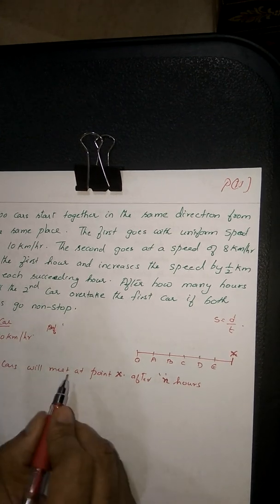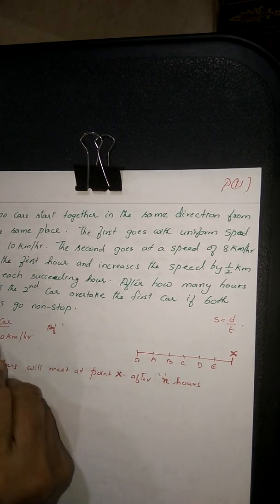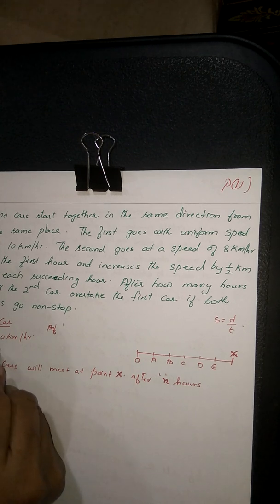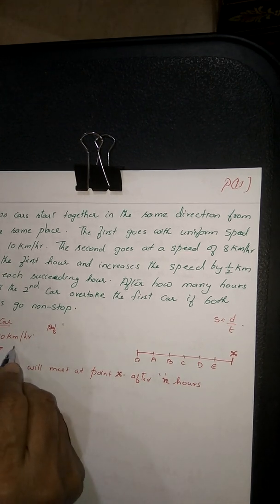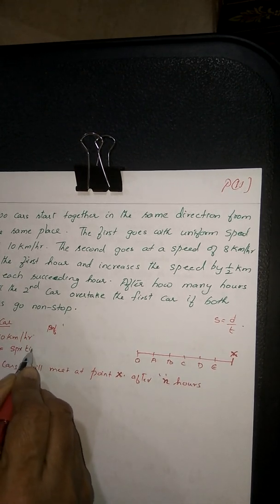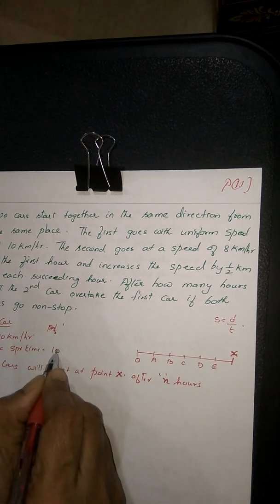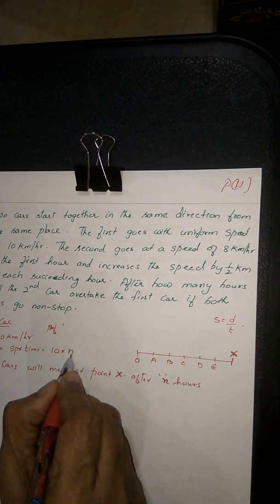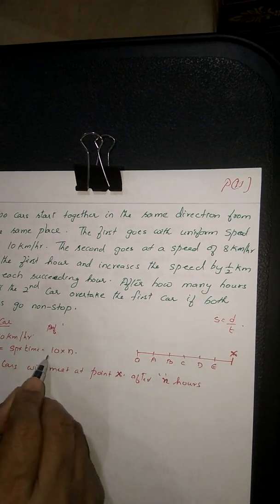So the distance OX is equal to speed into time. Speed is equal to 10 and time will be n hours. So OX is equal to 10n.